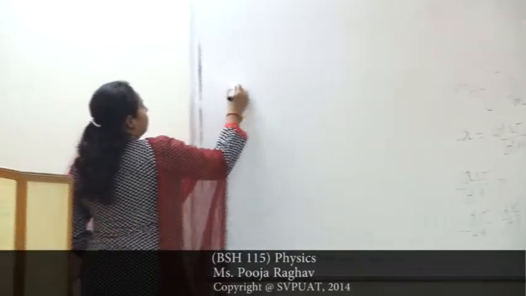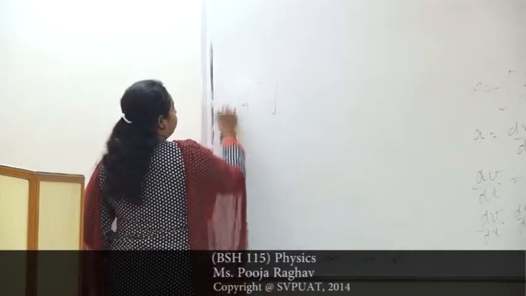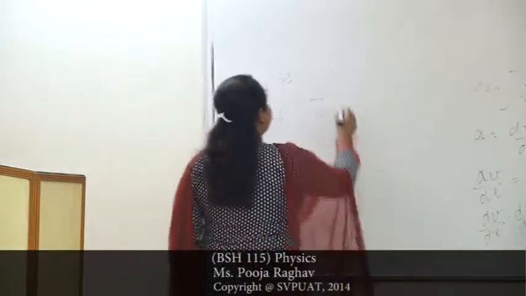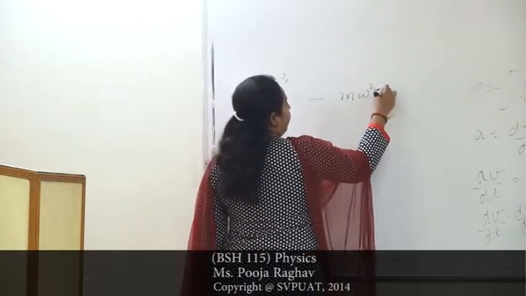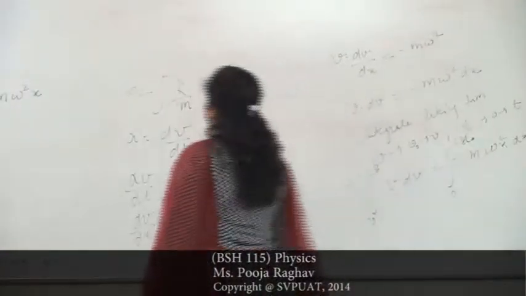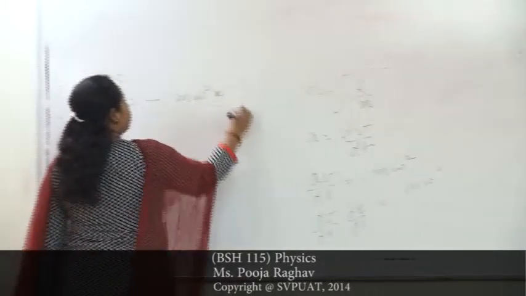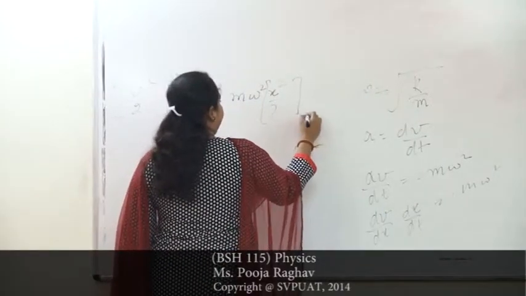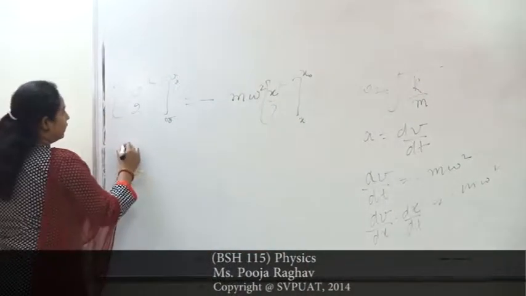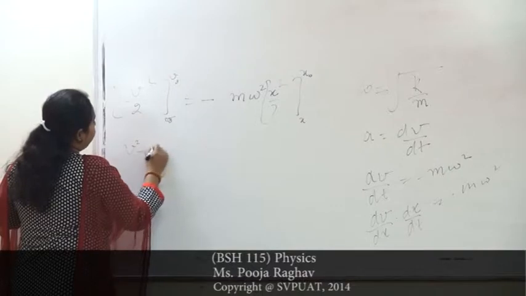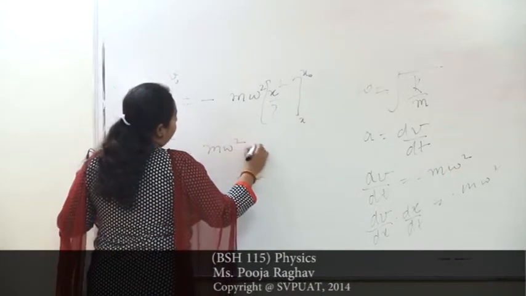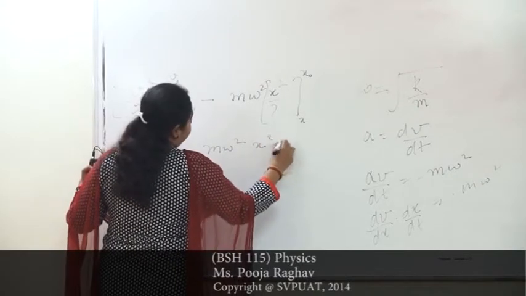Then v square by 2 from v naught to v equals minus omega square x square by 2 from x naught to x. Then it becomes v square minus v naught square equals omega square, x naught square minus x square.